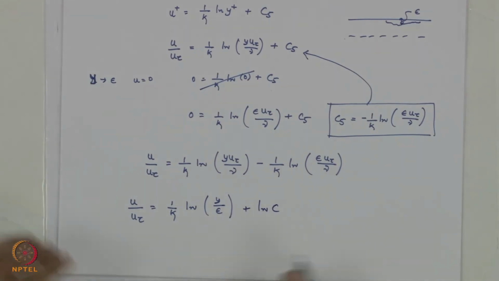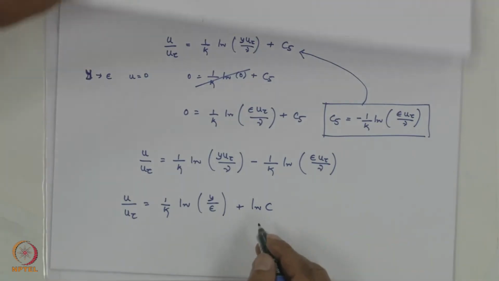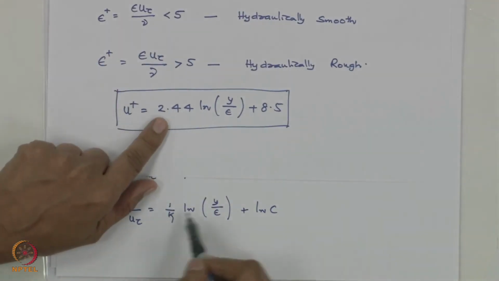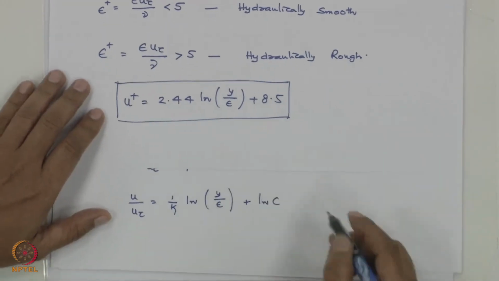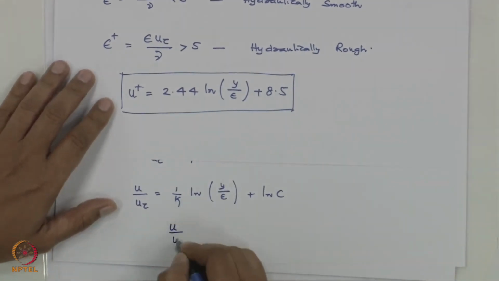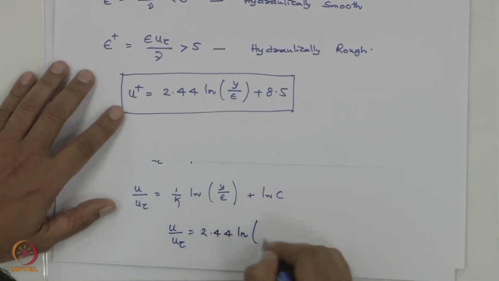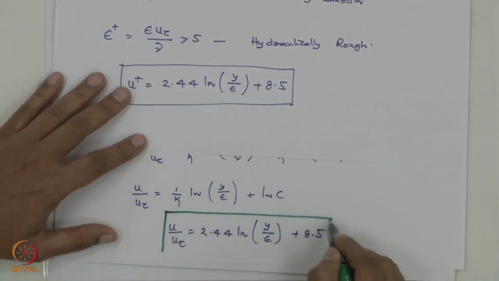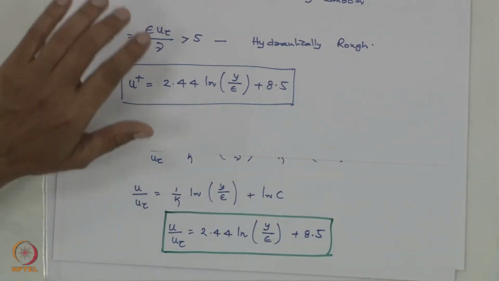When you compare with the experiments, you get 1 by kappa as 2.44 and the constant as 8.5. So my u by u tau is equal to 2.44 log of y by epsilon plus 8.5, which is what I am going to use for my friction factor correlation.